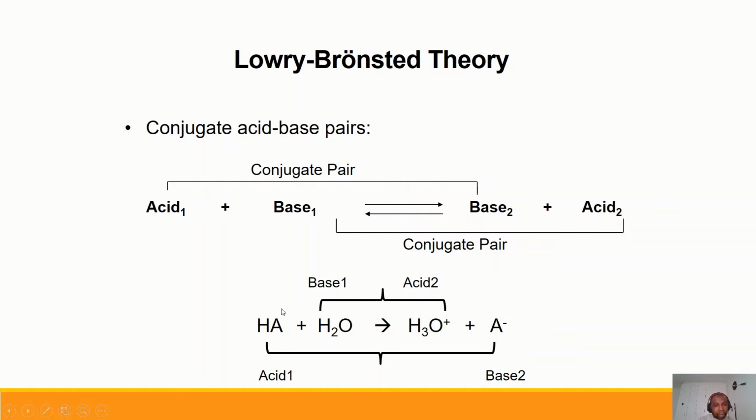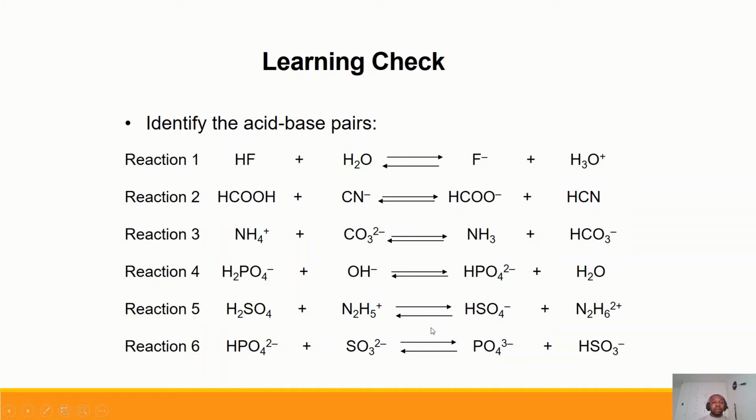So for example, if this is the acid, it gives out hydrogen. That means the A is going to be the conjugate base. The water is the base because it's the one accepting the proton. So it's the base, and then the product that comes from it is going to be the conjugate acid.